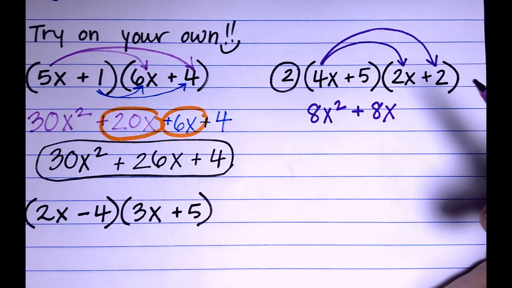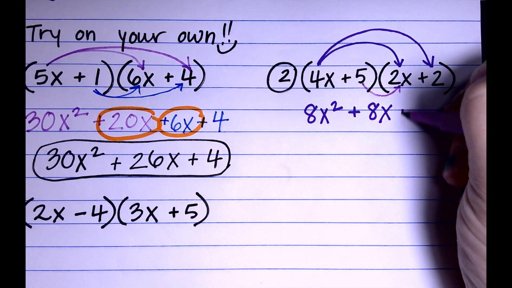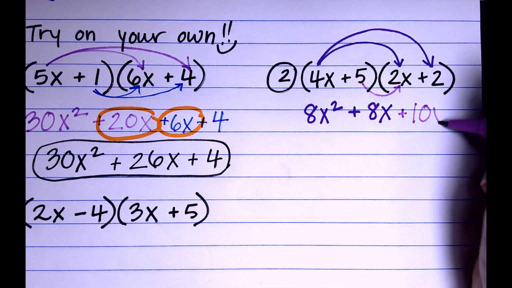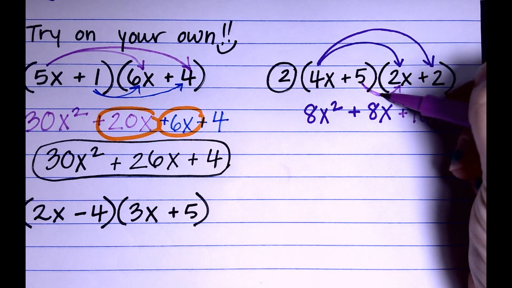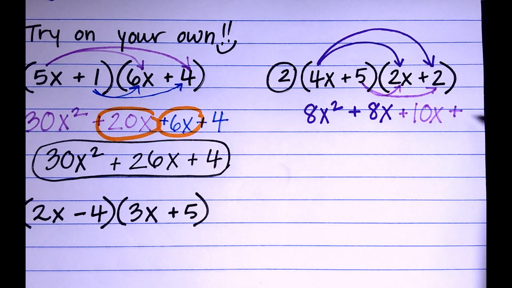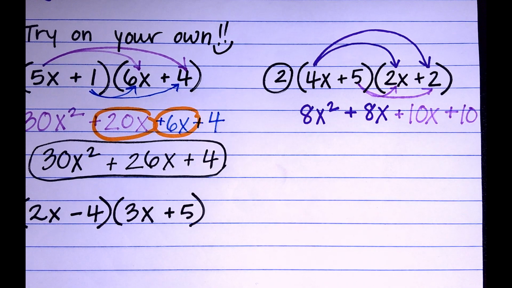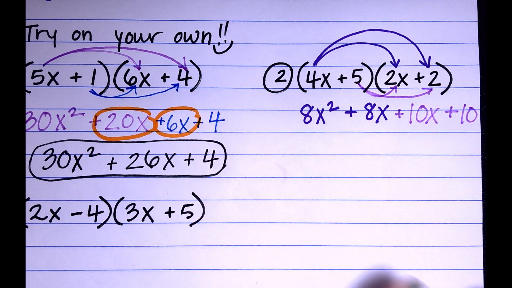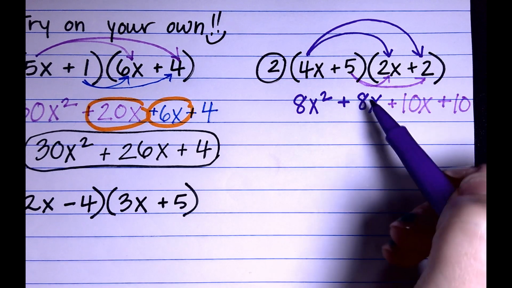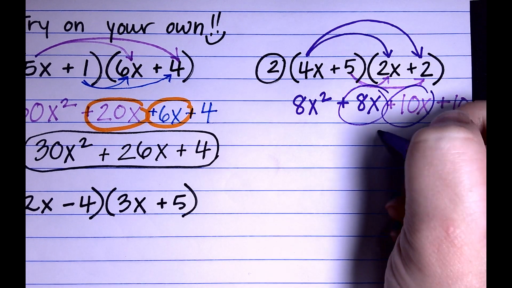And what's next? 5 times 2x, which gives me perfect, 10x. And last but not least, 5 times 2 is 10. Okay, so 8x squared plus 8x plus 10x plus 10. What do I combine? 8x and 10x. 8 plus 10 is 18x.